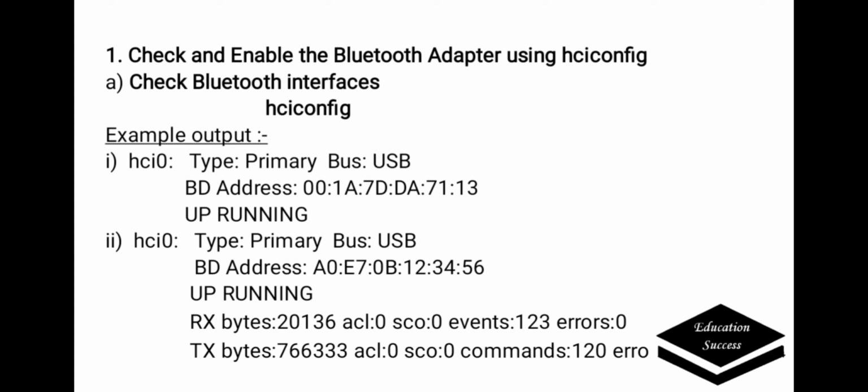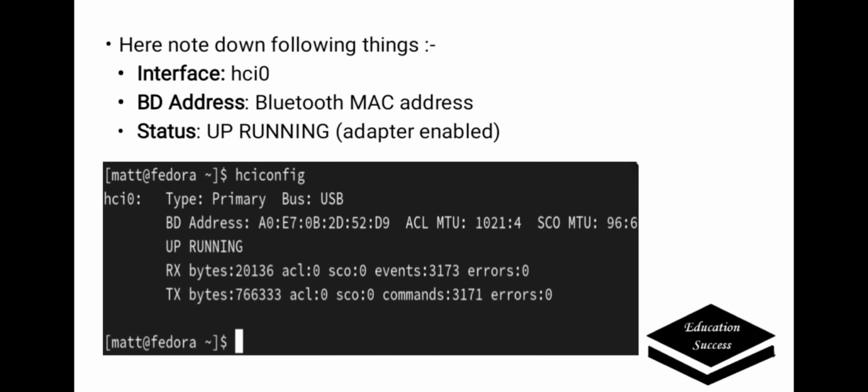Now here, note down the following things. When you run this command hciconfig, we have to focus on only three things. What is the interface name? In this case the interface name is hci0. It is the default name of our Bluetooth interface. What is the Bluetooth address? The Bluetooth address is mentioned under BD address.